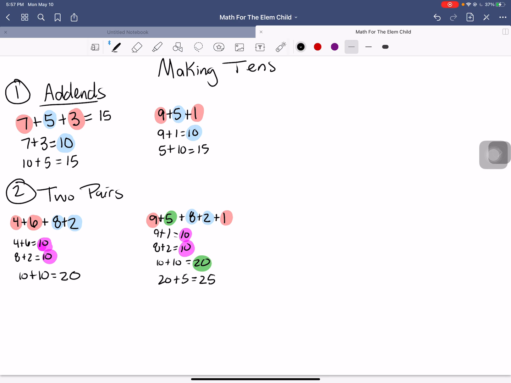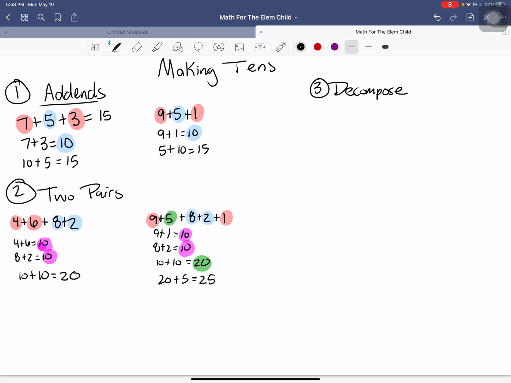The third strategy would be to decompose the numbers to make a nicer number or a smaller number to work with, because sometimes children can't add up a 13, so you might want to break it down to be 10 and 3.